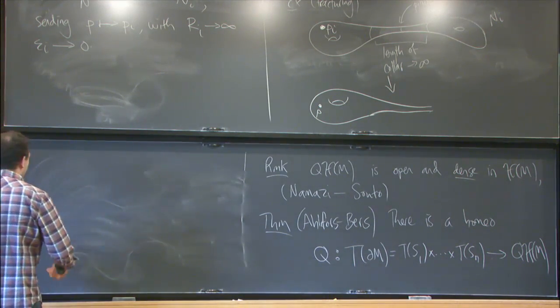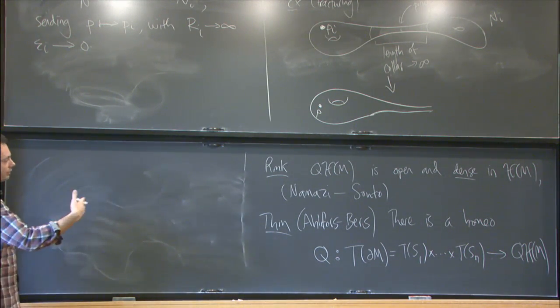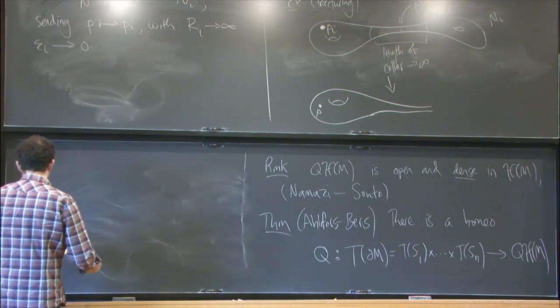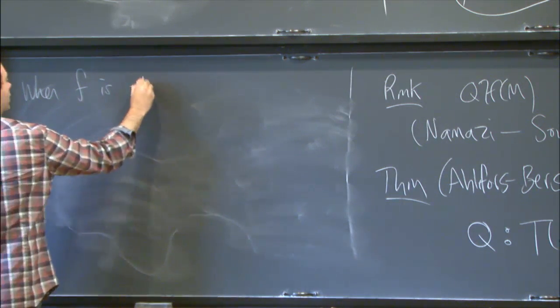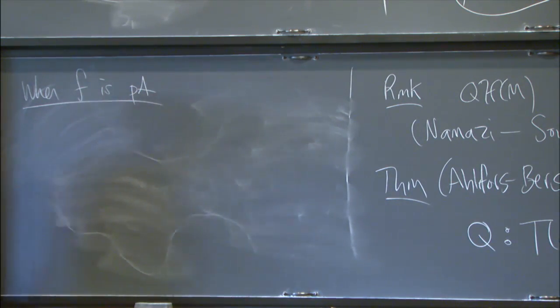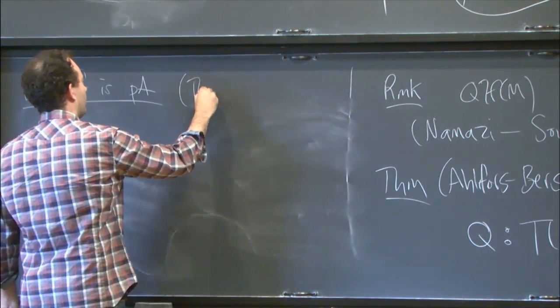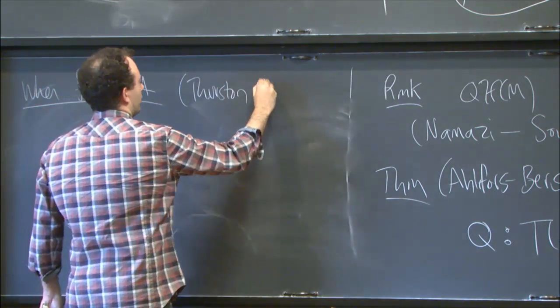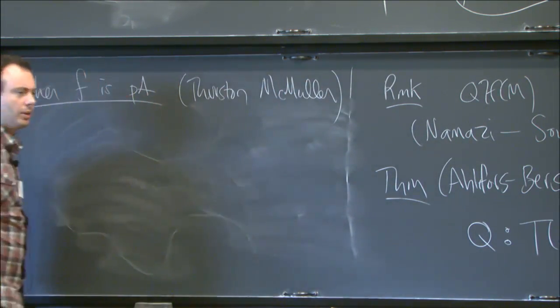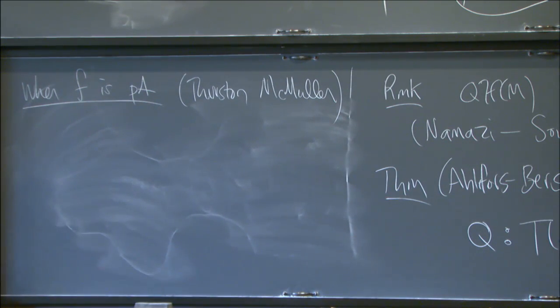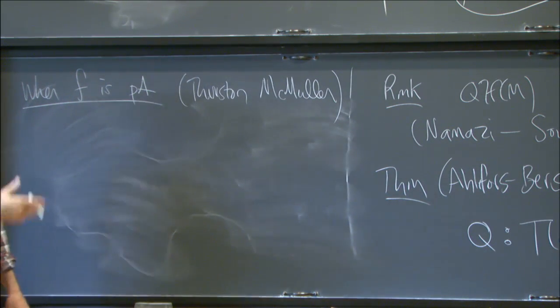So let's split into cases, and all the different cases are due to different people. The first case is when f is a pseudo-Anosov map, and this I think I should attribute to maybe Thurston and also McMullen. This example is written down in McMullen's renormalization book, but I just feel like I should say Thurston too.